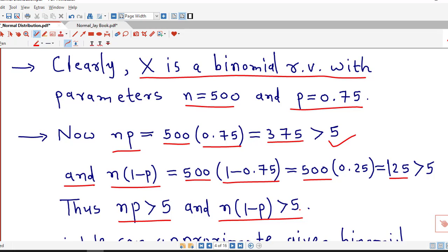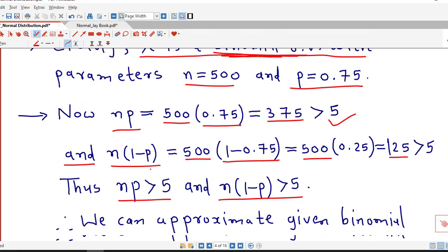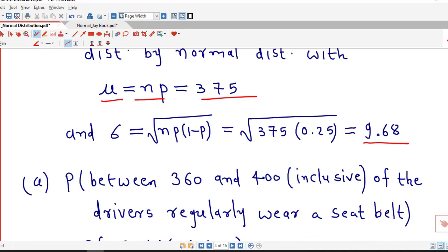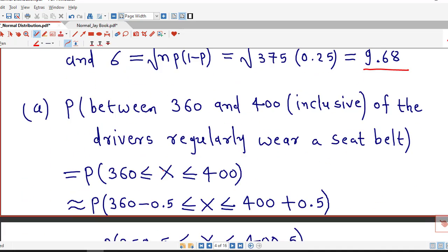Therefore we can approximate the given binomial random variable with a normal random variable with parameters mu equal to n into p, which is 375, and standard deviation sigma equal to square root of n into p into 1 minus p, which is after simplification 9.68. So first we find the probability that capital X lies between 360 and 400.